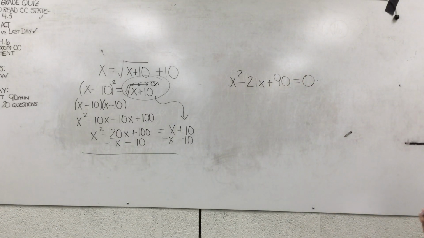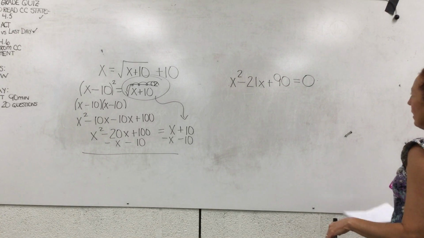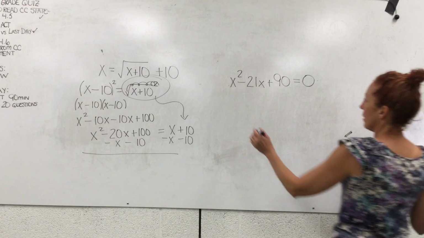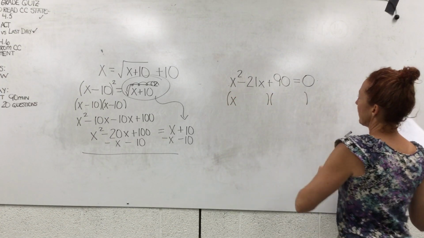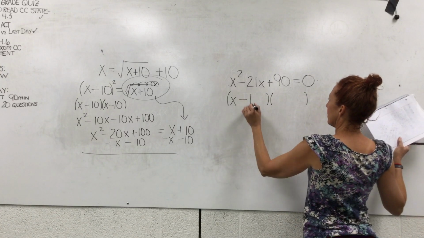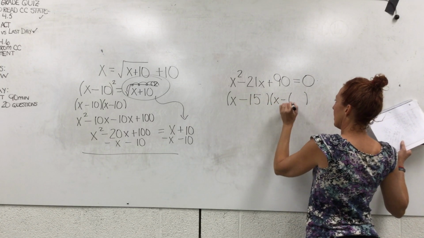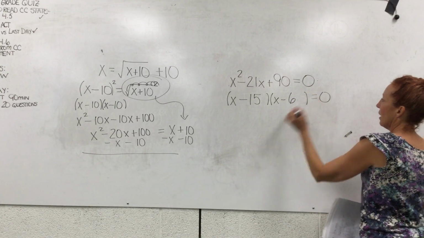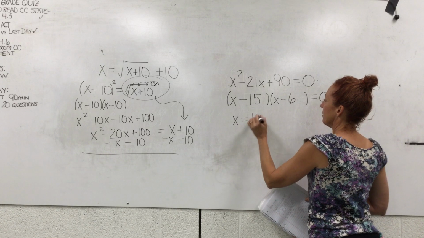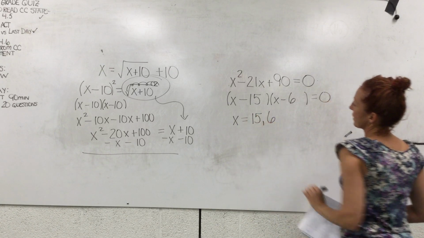So now I am looking for factors of 90 that make a negative 21, and I feel like, let's see, factors of 90 that make a negative 21. 15 and 6. Whew, I almost thought I made a mistake there. x minus 15 times x minus 6 equals 0. And so x equals 15 and x equals 6.